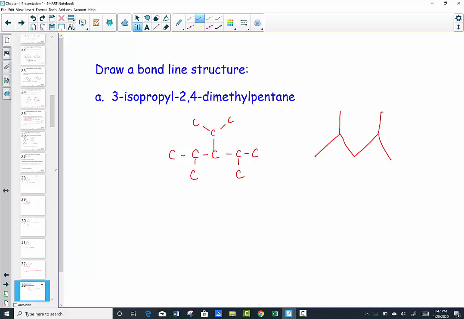Carbon number 4 is another methyl. And at carbon number 3, we have an isopropyl group coming off. The carbon leading from the parent is at carbon 2, and then you see the branch come off here. We could have started this way. 1, 2, 3, 4, 5. That's just as lovely. That's just the same thing, but flipped.